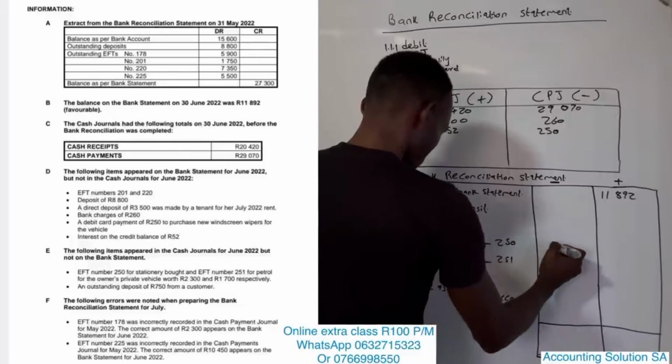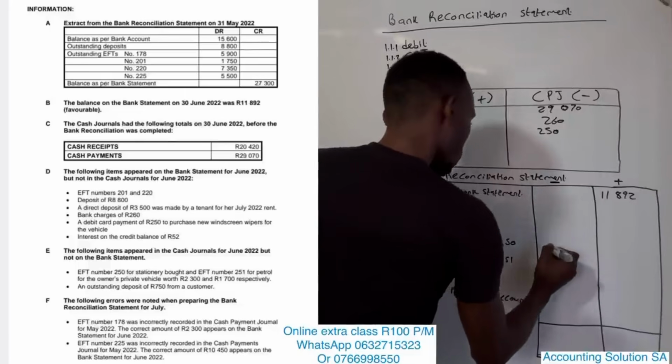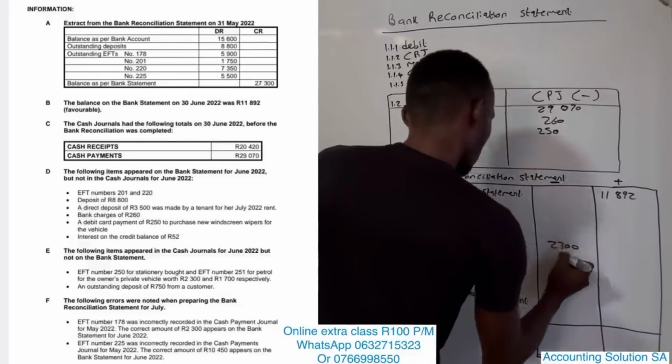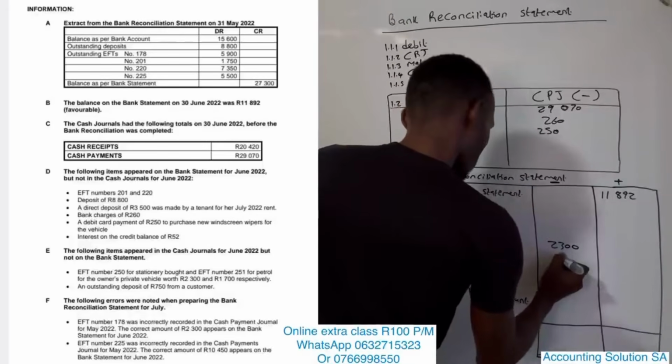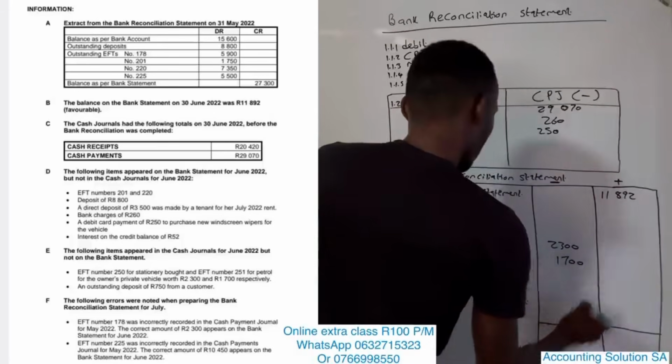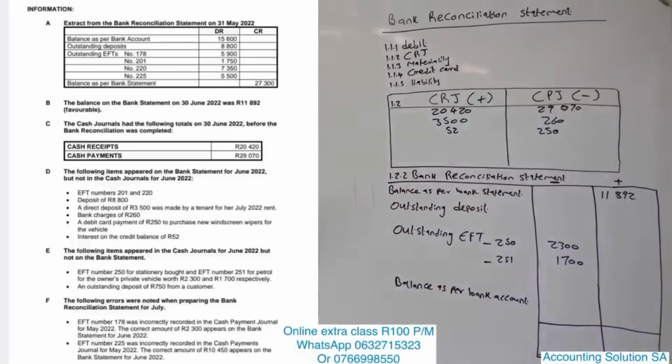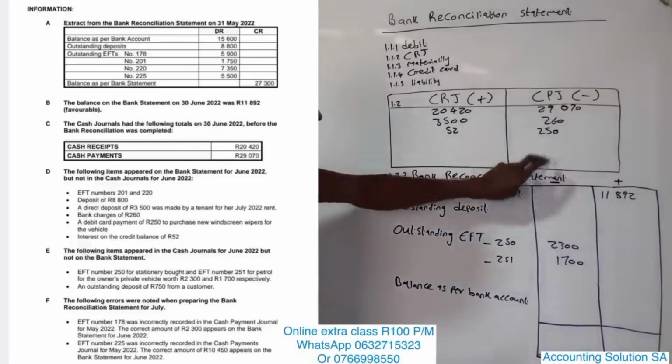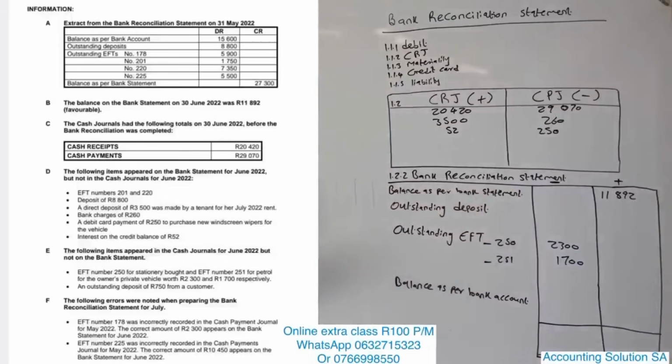Okay, and the other one was 2.3, and the other one was 1.7. They are outstanding EFTs because they are there, but they are not here. That's what the instructions say. The following items appear in the cash journal but not in the bank statement. It's very simple. Number F.